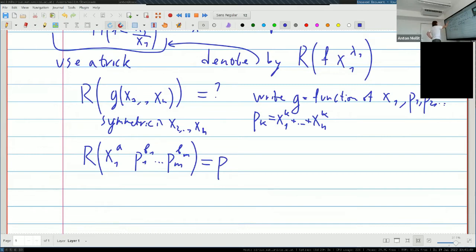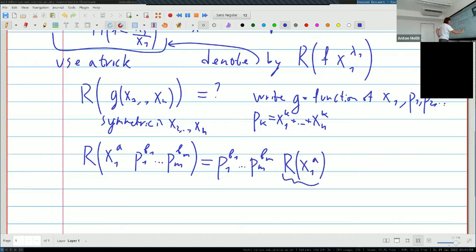So if you have some function which is already symmetric, we can clearly move it out of this symmetrization. And then I'm left with this function.